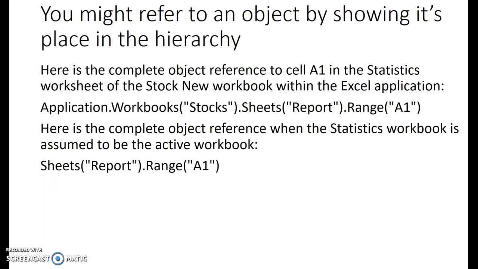If you wanted to refer to the cell A1 that's in the report sheet, and you were at the very top level of the application, you would have to use this long line right here to do so. However, if you were sitting in the statistics worksheet, then you could refer to a cell in the report worksheet in this manner.